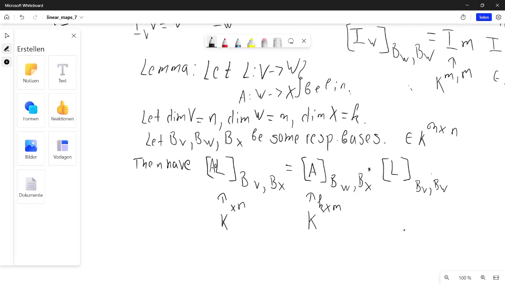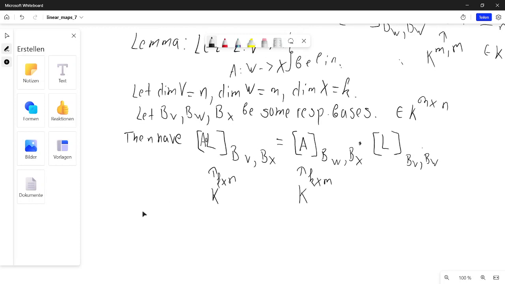And we have how many lines? Well, we want to arrive at k coordinates, and you see the dimensions fit, right? And now we have to prove it, right? Proof. Well, the proof just works via the coordinate maps.